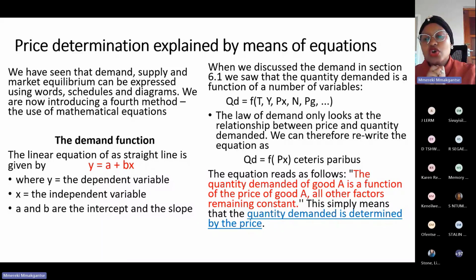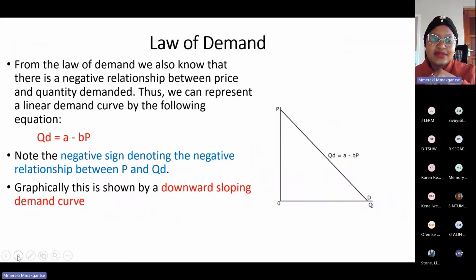So the equation reads as follows: the quantity demanded of good A is a function of the price of good A, all other factors remaining constant. This simply means quantity demanded is determined by price.